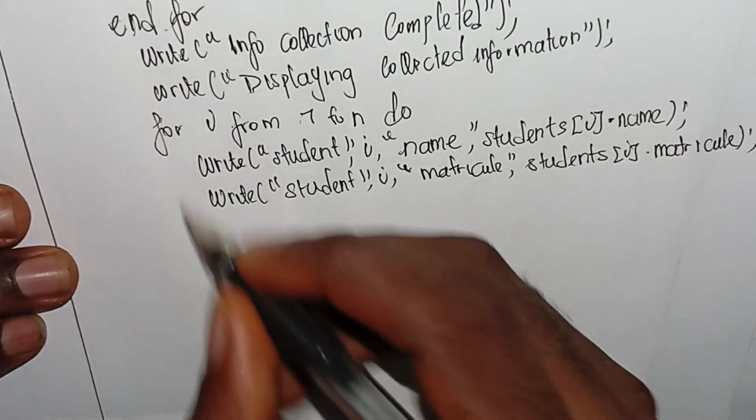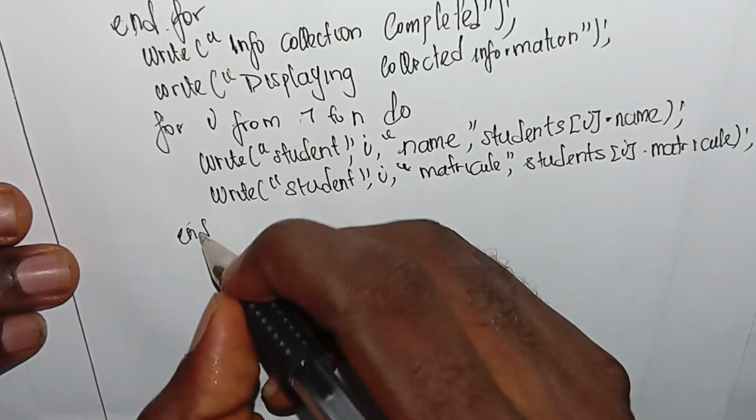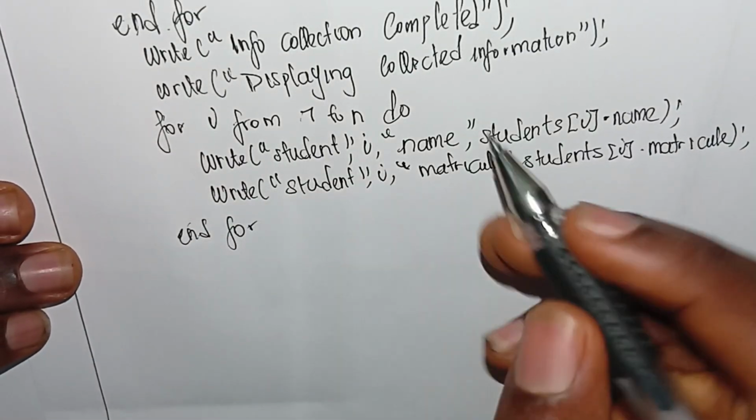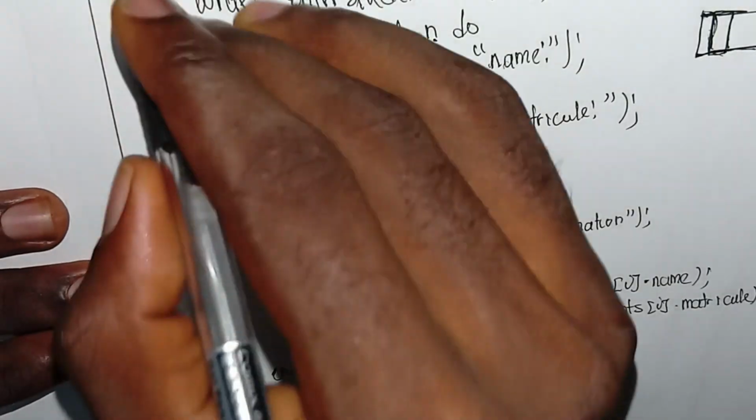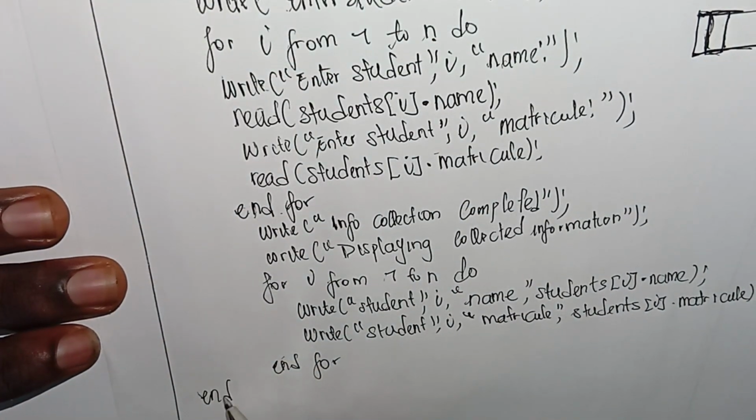And here, that's how you display all the messages. And end for. And now we can end our algorithm.